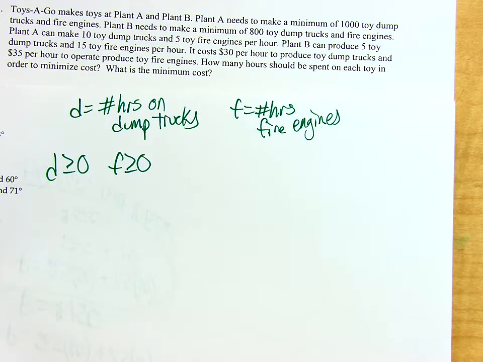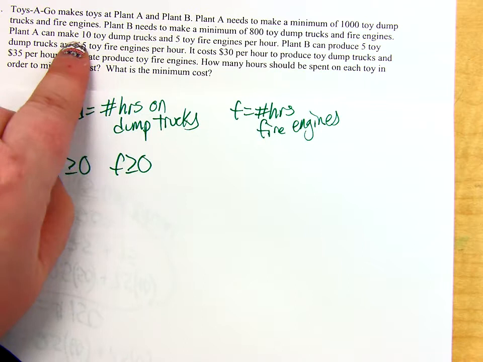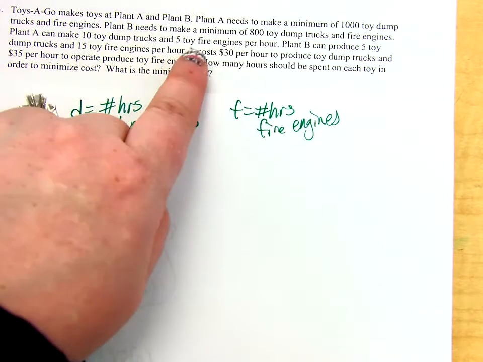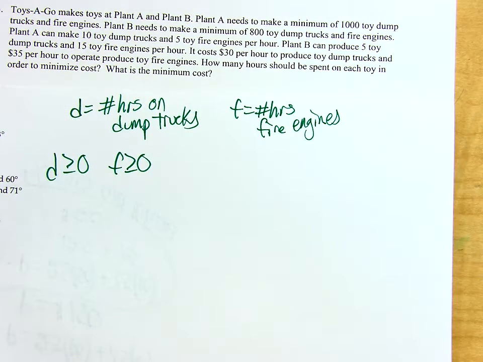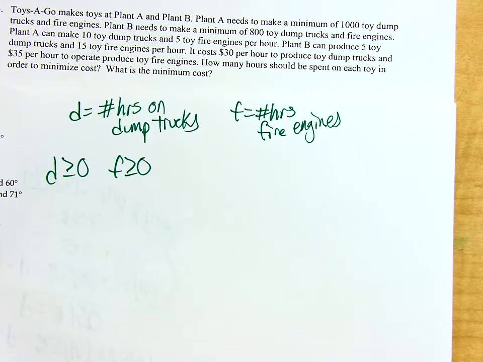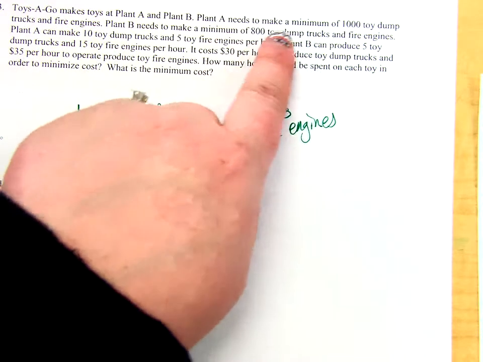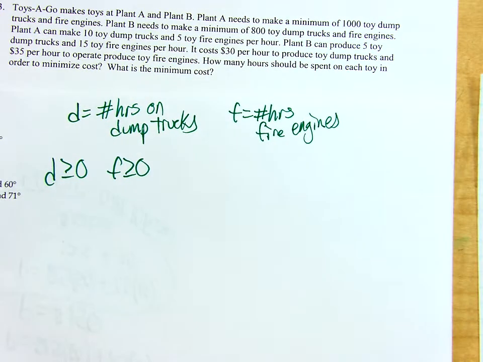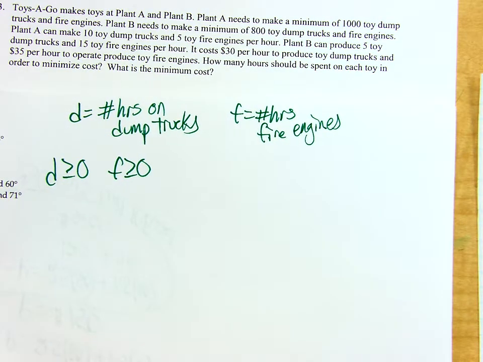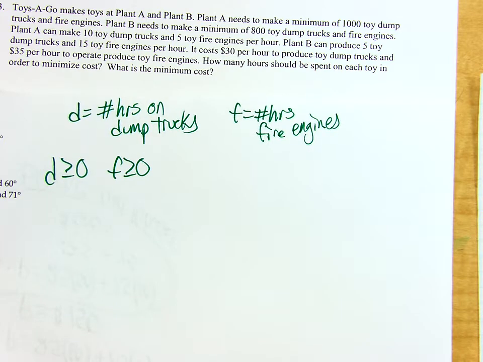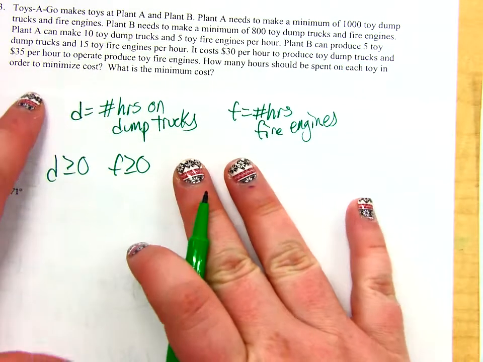I have 2 plants. One plant is Plant A. They can make 10 dump trucks, 5 fire engines per hour. And Plant A needs to make a minimum of 1,000 of those 2 together. So that's going to set us up like this.